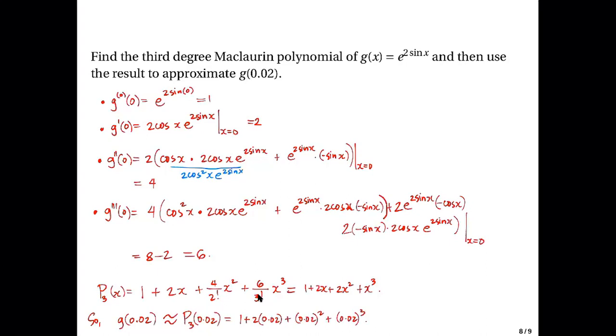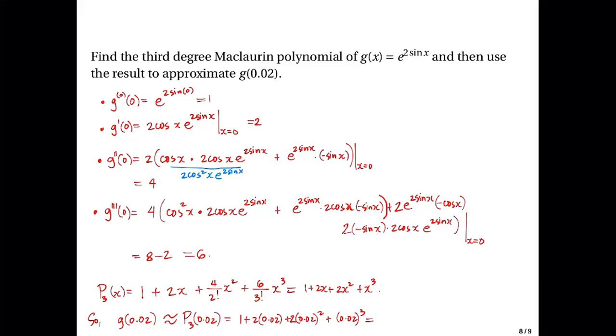Oops, I forgot the times 2 here. Okay? So we have this, and I tried to calculate this. I got 1.040808. Okay? You can also verify this.